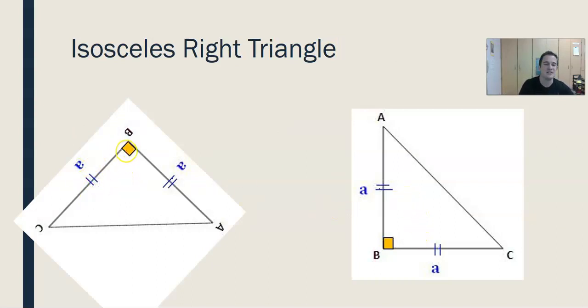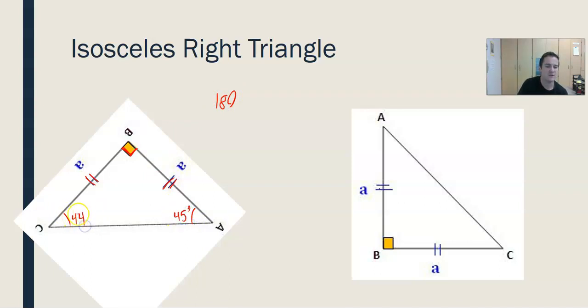This is an isosceles right triangle, meaning that these sides are congruent and also this angle up here is 90 degrees. Well, if this angle is 90 degrees and all the angles on the inside of a triangle have to add up to 180, then each of these angles must be 45 degrees.